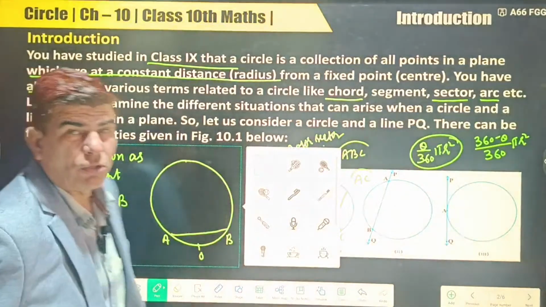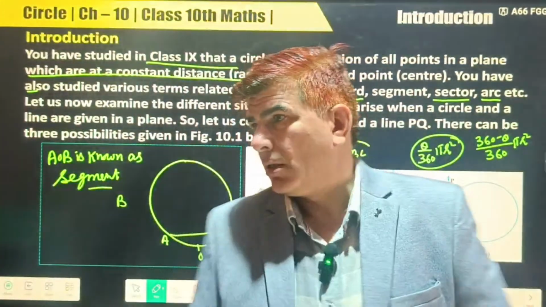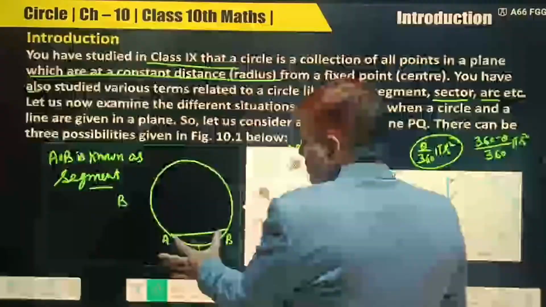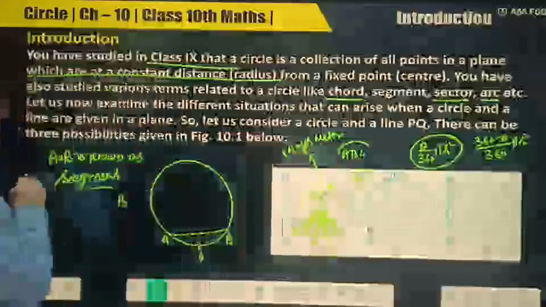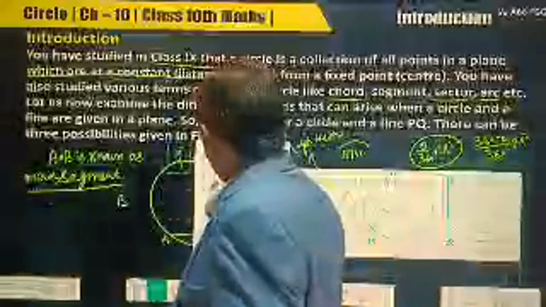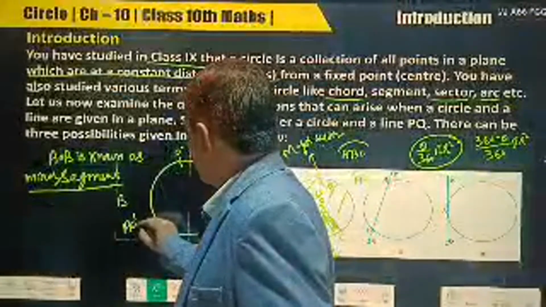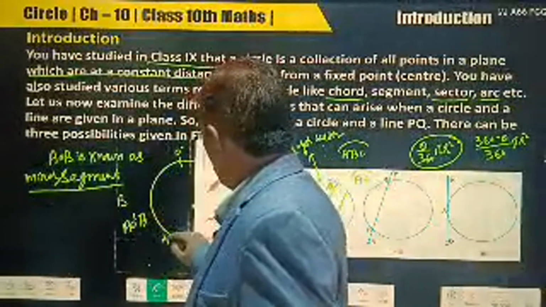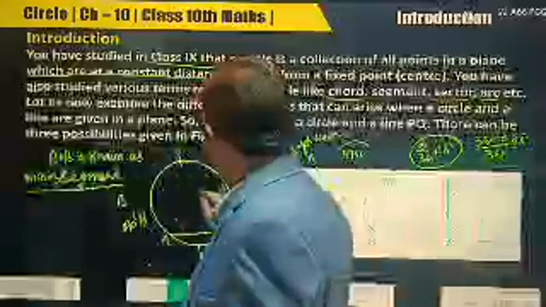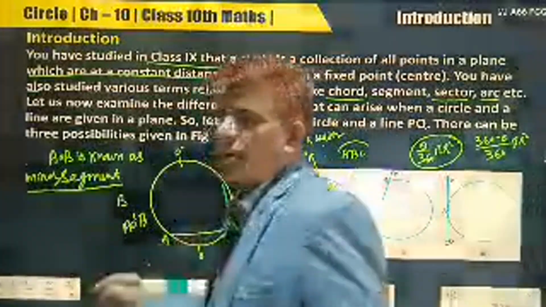And if we are talking about minor or major, we have taken the minor arc. So what can we say? Minor segment. The remaining part, A O dash B, is known as major.